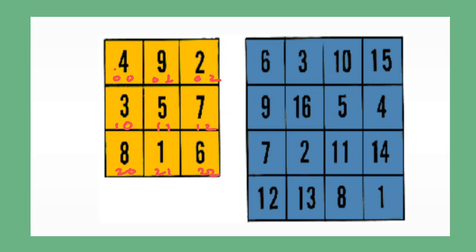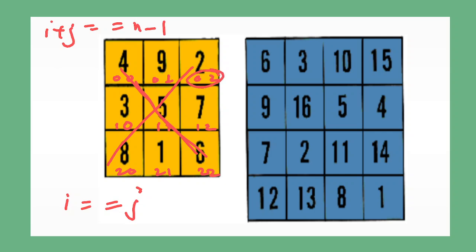For this diagonal the index representing the row and column is the same, and for this diagonal you can see i plus j is equal to n minus 1. Here the sum is 2, here as well the sum is 2, here as well. So in order to check if a particular element belongs to the second diagonal, you are just going to use this condition.